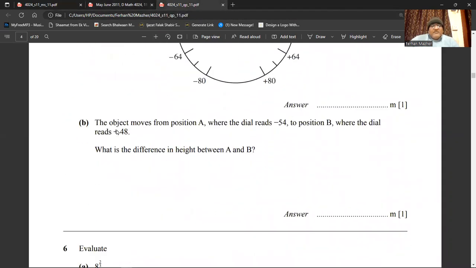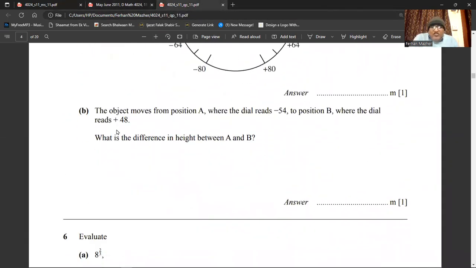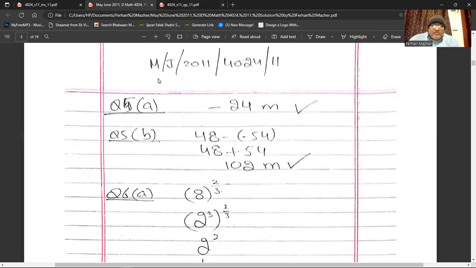Then we have B part of question number 5. The object moves from position A, where the dial reads minus 54, to a position B, where the dial reads positive 48. What is the difference of height between A and B? Both the heights are given from the sea level, so you only have to subtract them from each other.